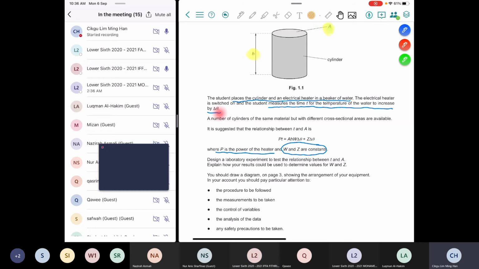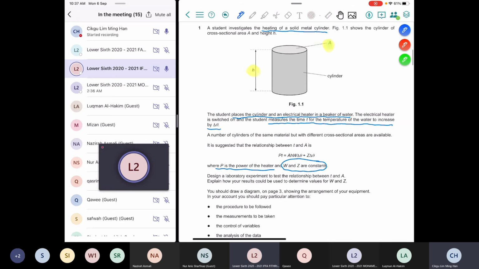So how do I find out the change in temperature? Any formula that you need to know? Final temperature minus the initial. Alright, thank you, Ifa. So this one you need to have the final minus the initial temperature.